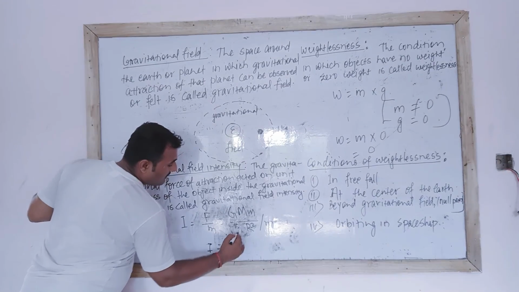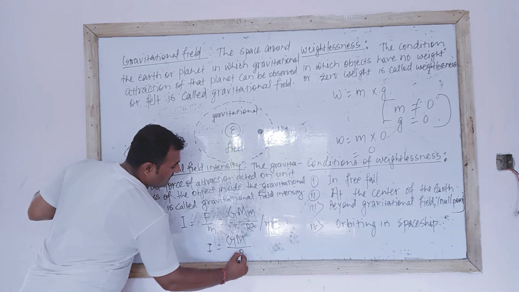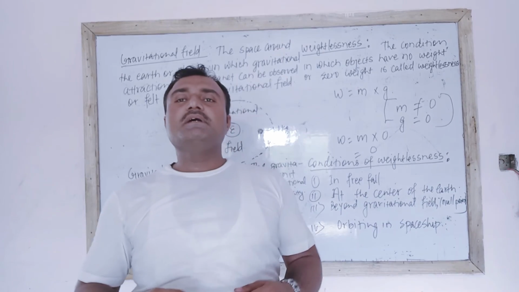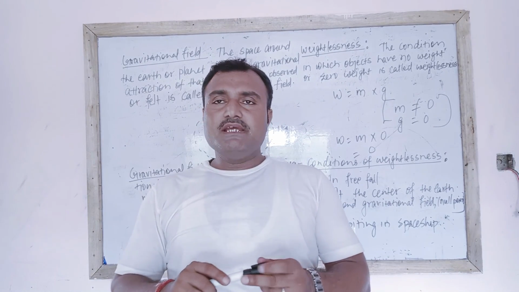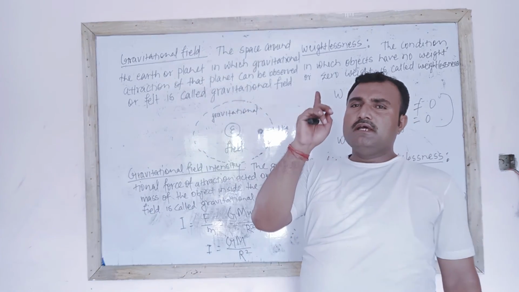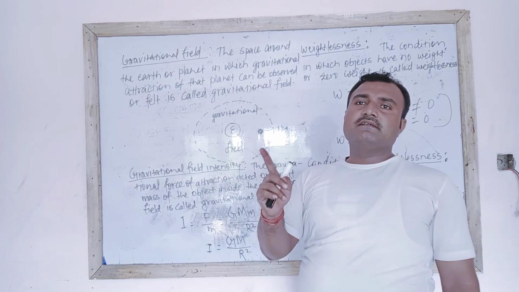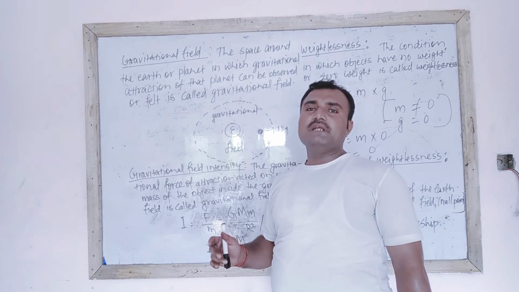Then we get gravitational field intensity equal to GM by R squared. The m gets cancelled, or that m represents unit mass 1 kilogram. And in this way, listen here, how much gravitational force of attraction is found on every kg of object inside the gravitational field is called gravitational field intensity.